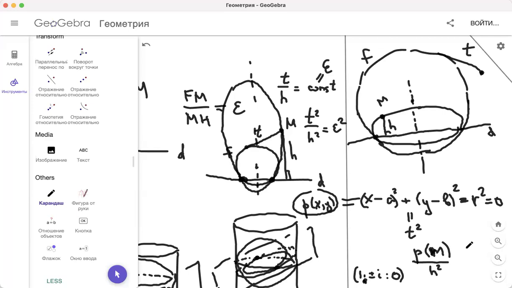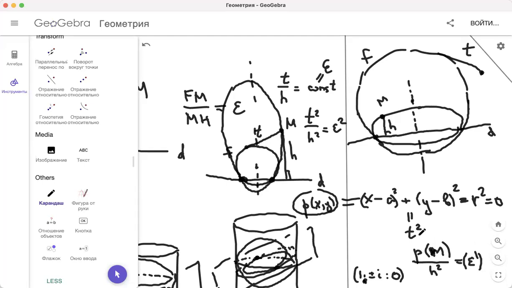And the statement is that this ratio is also constant, but let me denote it in this way.